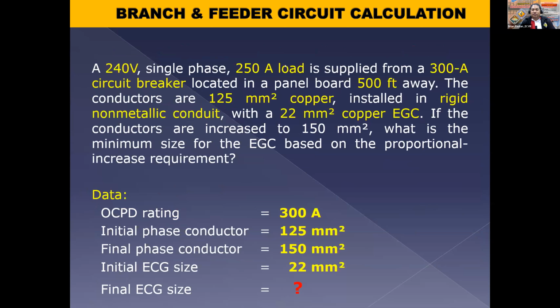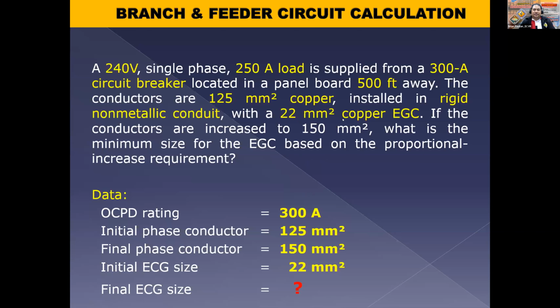Hindi naman bago yung circuit, is 250 amperes pa rin, but binago lang yung, or medyo nagbago yung circuit pero not as much as it could permit na kung yung malakihan talaga yung increase, no? So kung wala kang table, pwede mong i-compute paano i-size up si equipment ground conductor from a 22 mm squared, no?